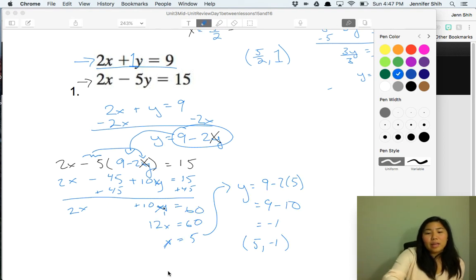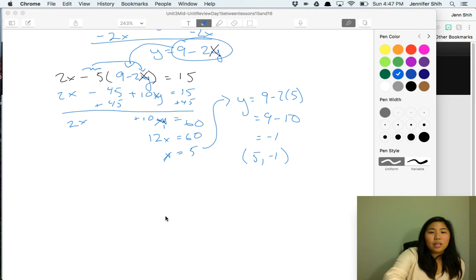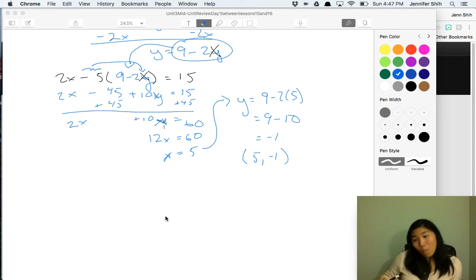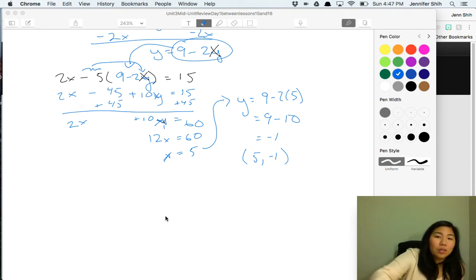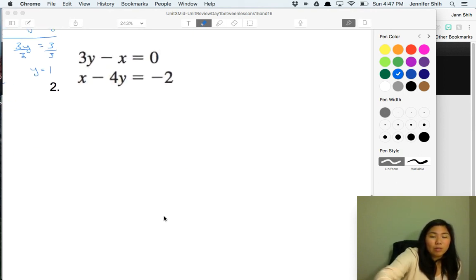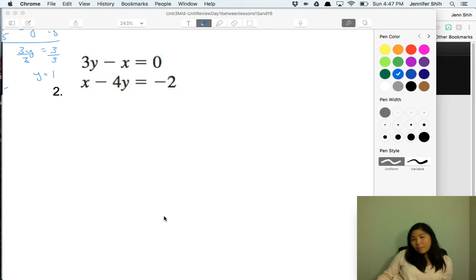Hello, welcome back. This was the answer that I got: x was equal to 5, and y was equal to negative 1. Now we're going to move on to your last guided practice before you do some independent practice. It's in the top left-hand side of your screen.